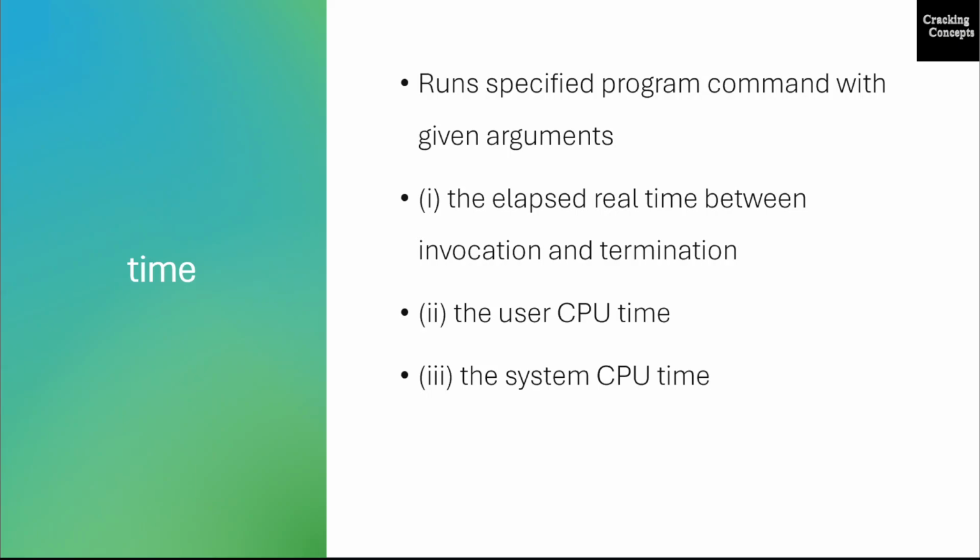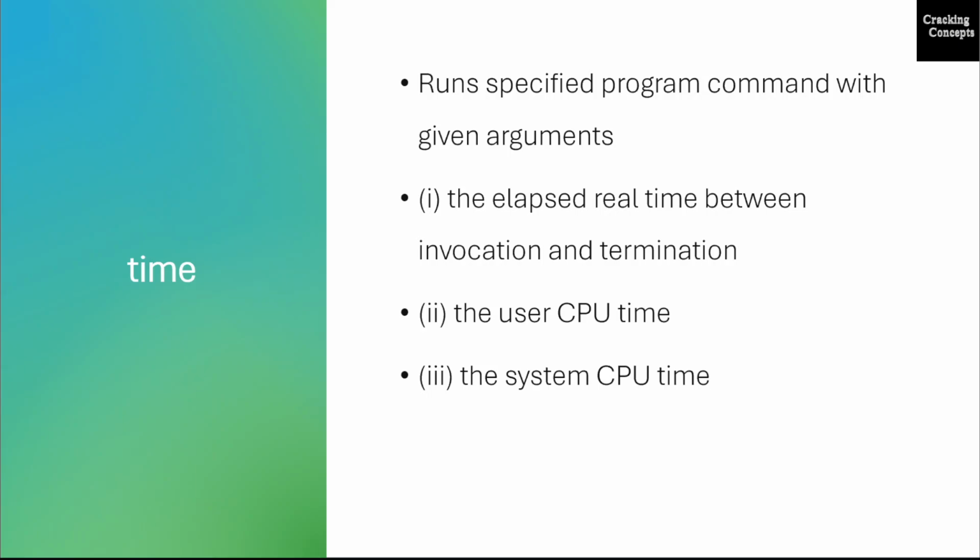Next command is time. The time command runs the specified program command with the given arguments. When the command finishes, time writes a message to the standard error giving timing statistics about this program run. It consists of the elapsed real time between invocation and termination, and the user CPU time, meaning the time spent executing the main process instructions, along with the cumulative user time used by any child processes that have finished and have been waited for by the parent.